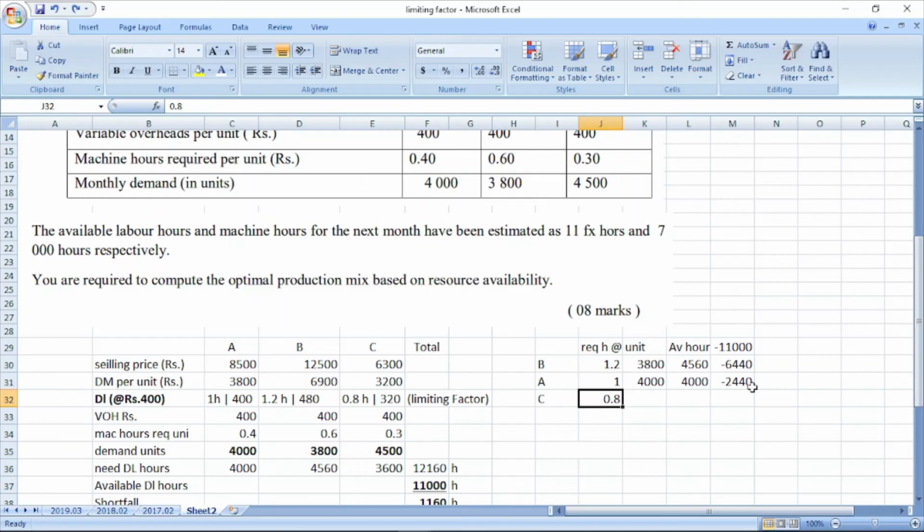We have only 2,440 hours. So 2,440 divided by 0.8 is 3,050.